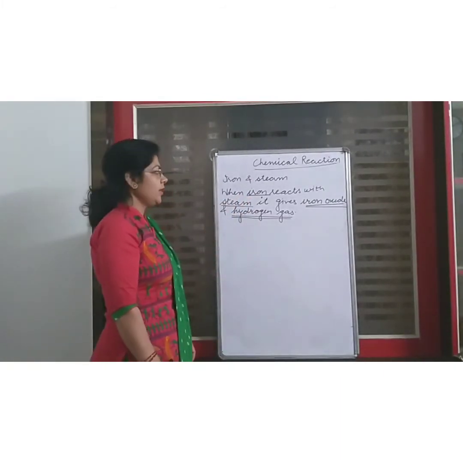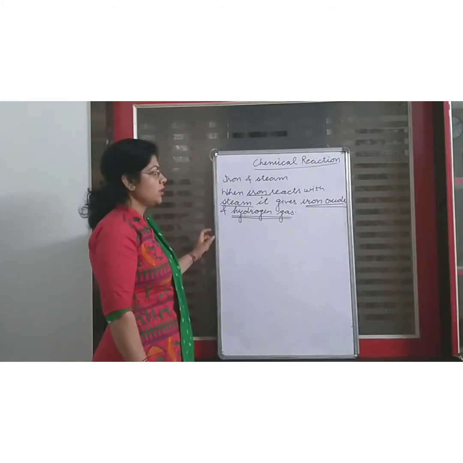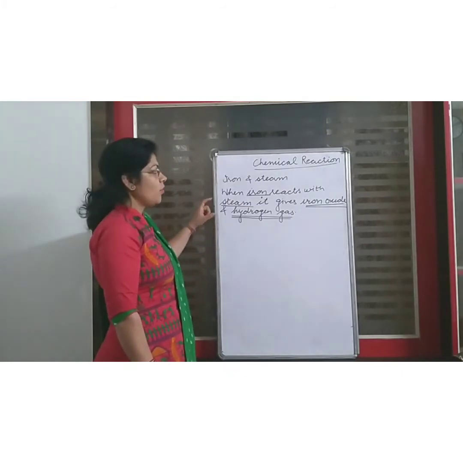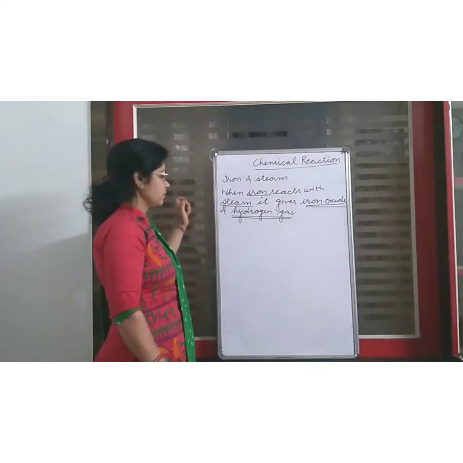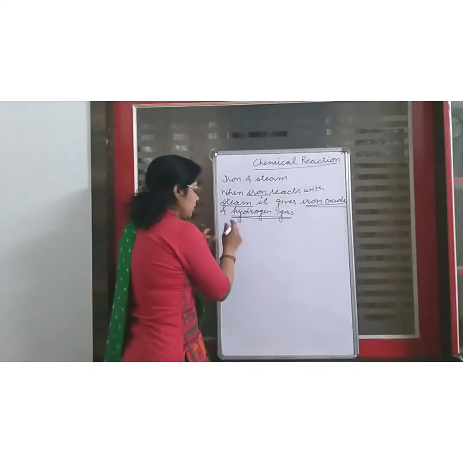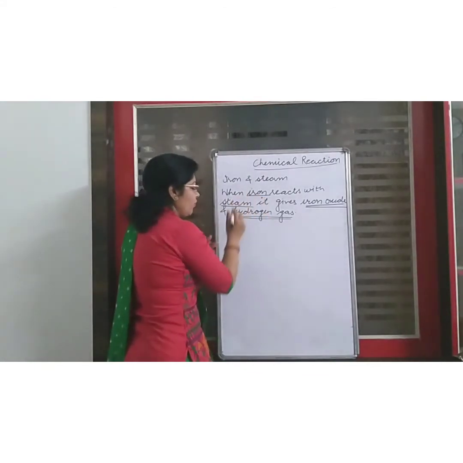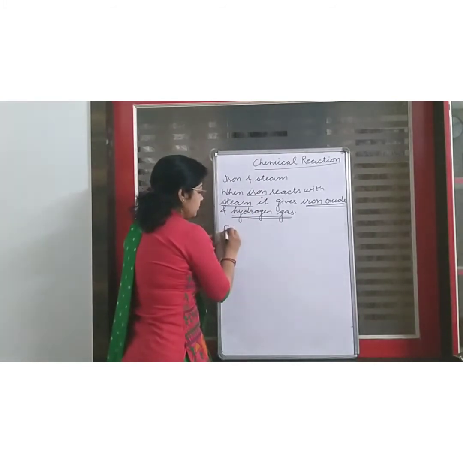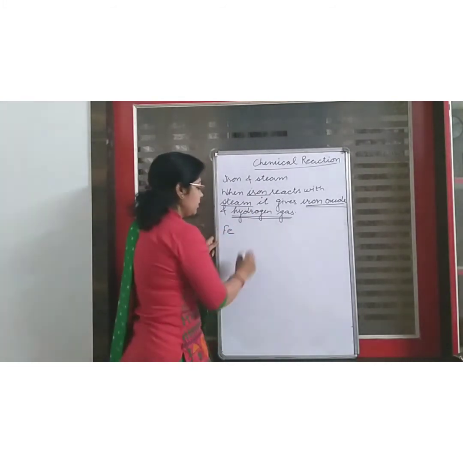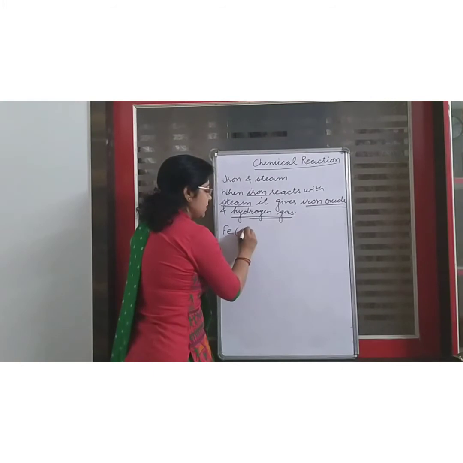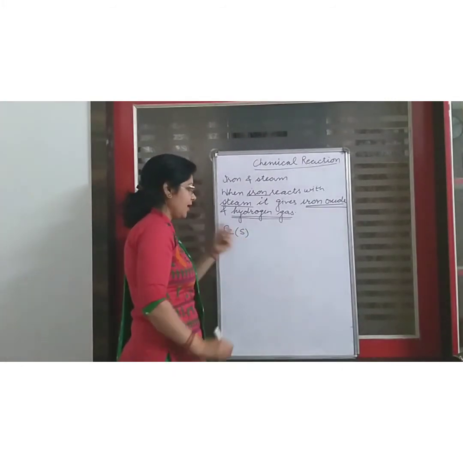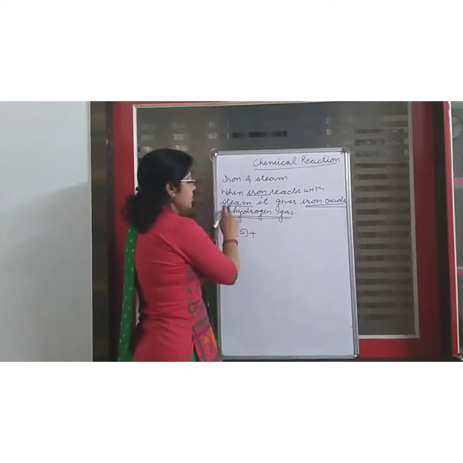So the first criterion of a chemical equation is that it should be in the form of a chemical reaction. How do we write the chemical reaction? First write the symbol of iron. Iron symbol is Fe. Its physical state is solid. So write here S.